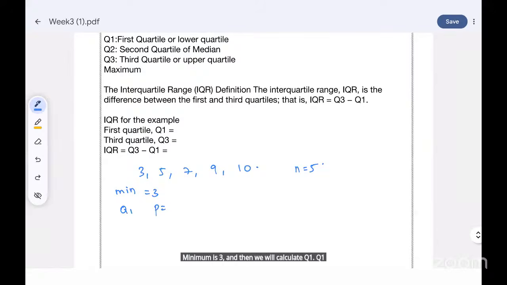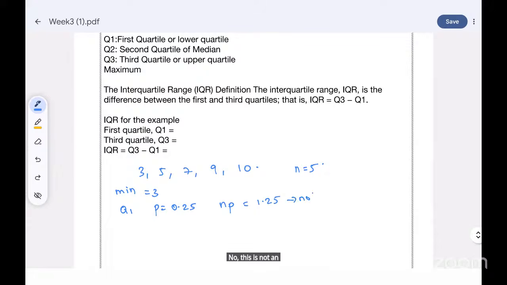Q1 means your P is 0.25. If P is 0.25, what is NP? It is 1.25. Is it an integer or not an integer? It is not an integer.